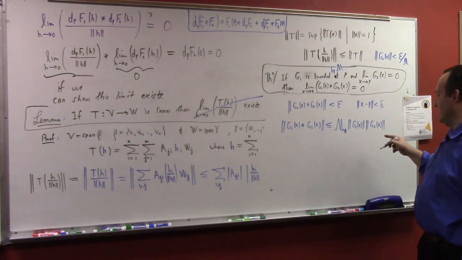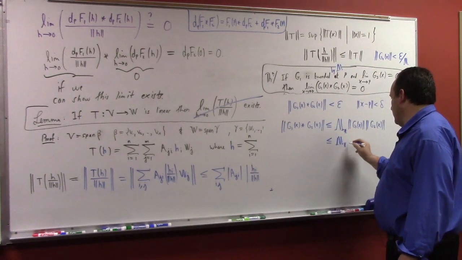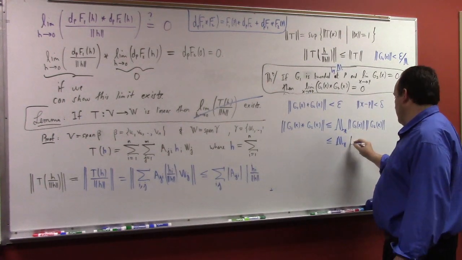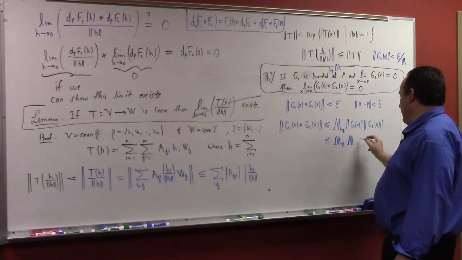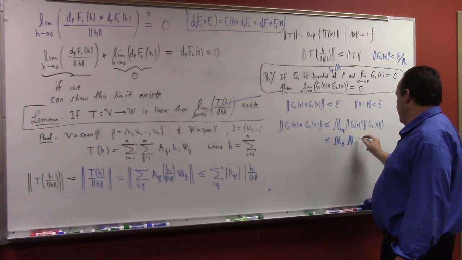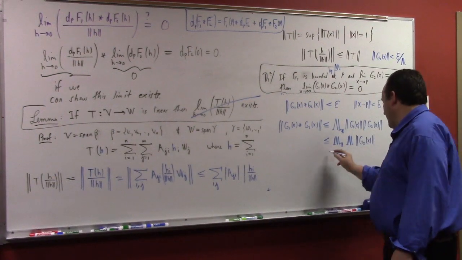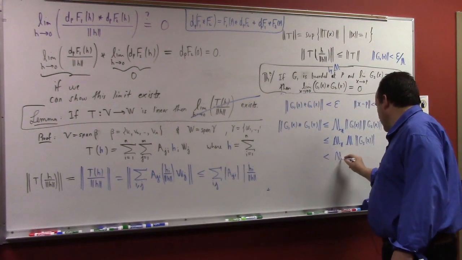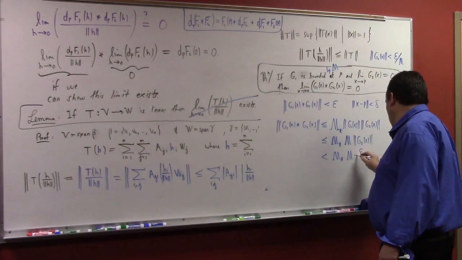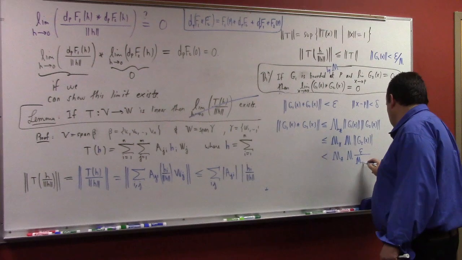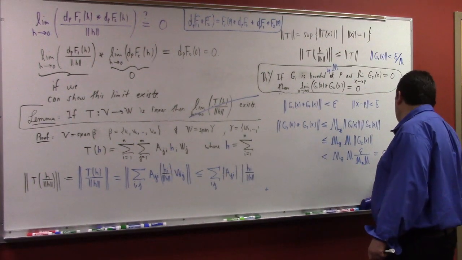The point then is that this, by assumption, is less than M star. G1 is bounded, so that's M, right? But this one, we can make strictly less than epsilon over those two things, because we have continuity at 0 of the other guy, which makes this epsilon.